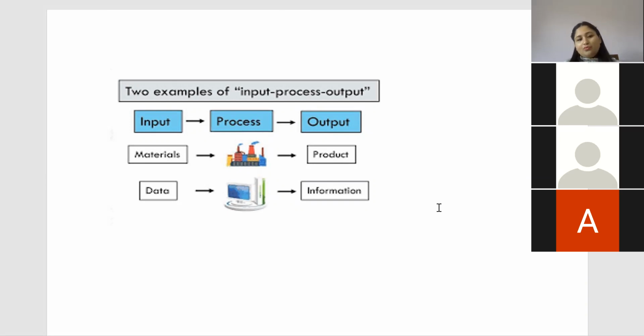And then the output is the product, right? Then the second example of the input is data, which is fed into the system, computer system, laptops, or any other form of electronic media or electronic devices. And then what it produces, it gives the end product as information.